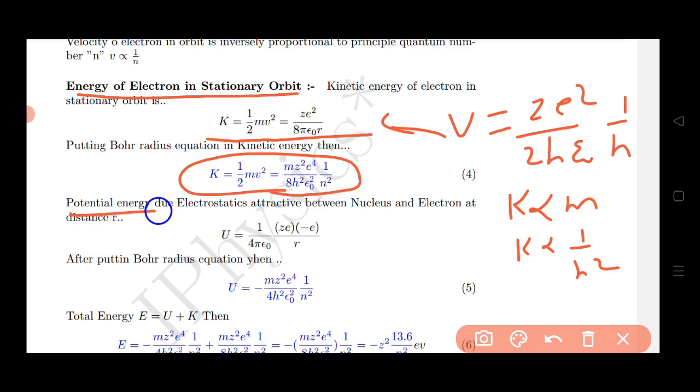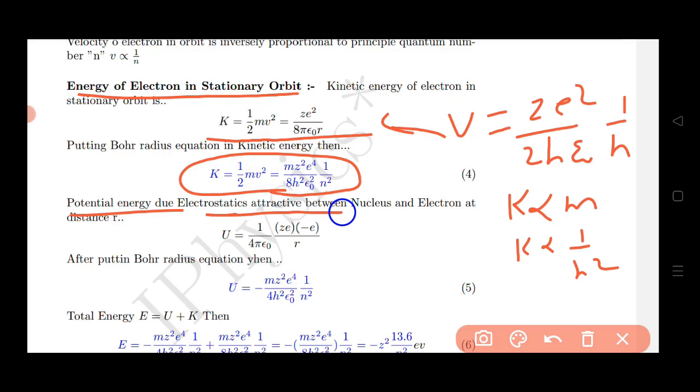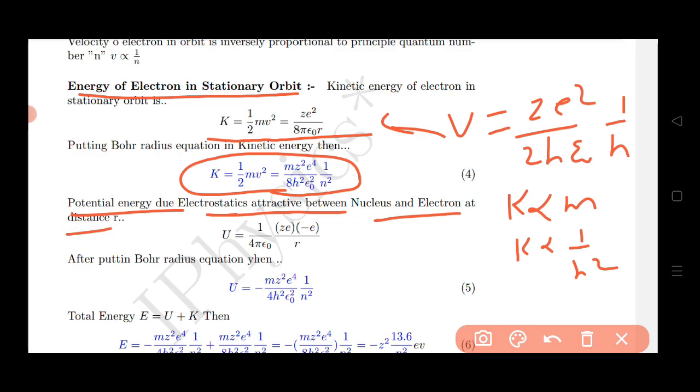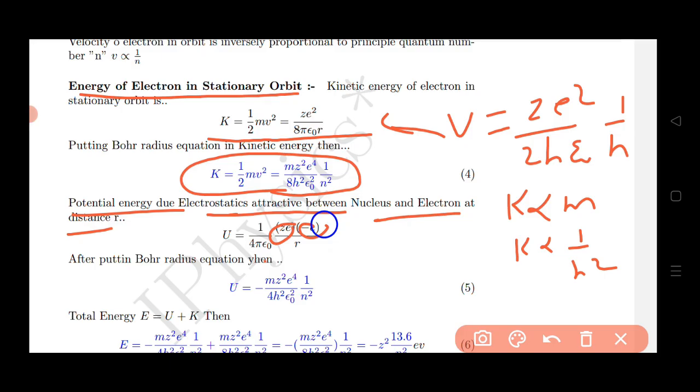Second is the potential energy. Potential energy due to electrostatic attraction between nucleus and electron at distance r equal to 1 over 4 pi epsilon naught, Ze is the nucleus charge and e is the electron charge, upon r.